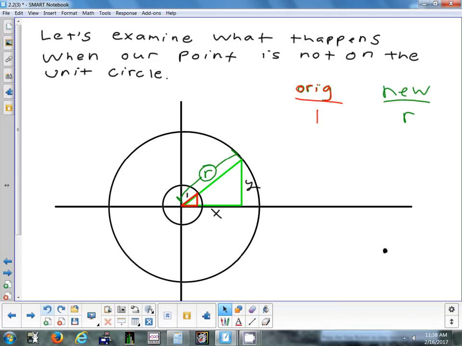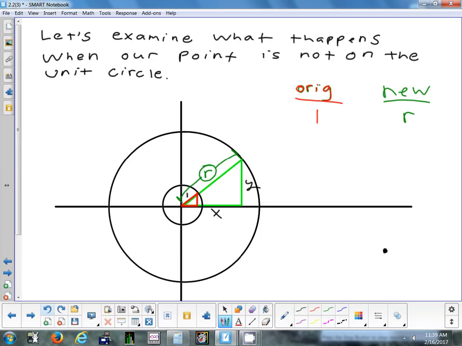So let's say I had a triangle with a radius of 5. Let's pretend that that green hypotenuse is 5. If you compare 5 and 1, how many times bigger is 5 than 1? It's 5 times bigger. So if you make it 5 times smaller, it would be 1 again.